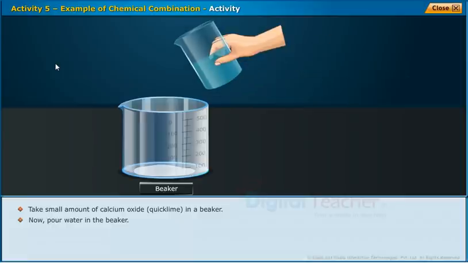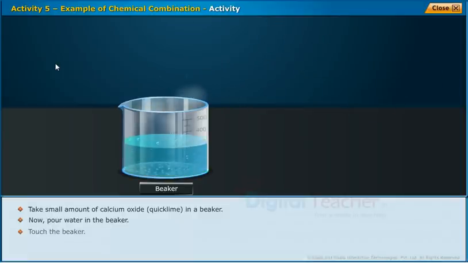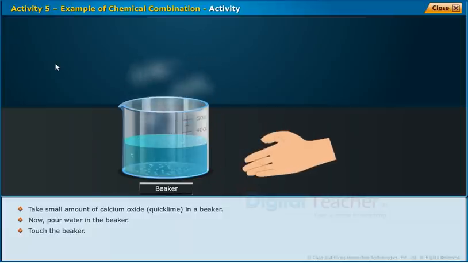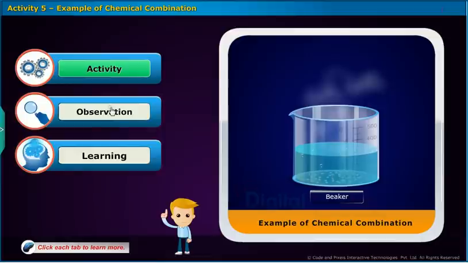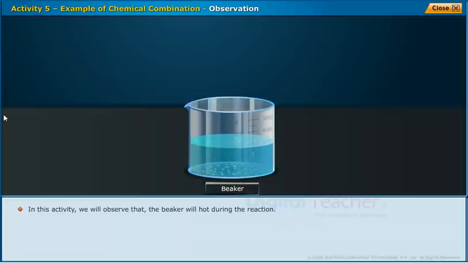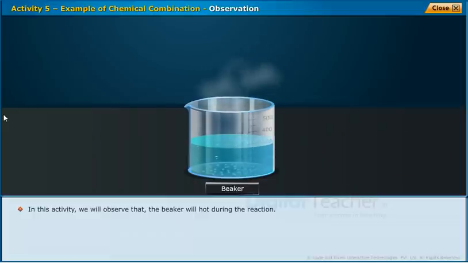Now pour water in the beaker. Touch the beaker. Observe the changes. In this activity, we will observe that the beaker will become hot during the reaction.